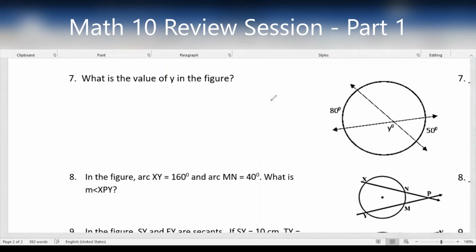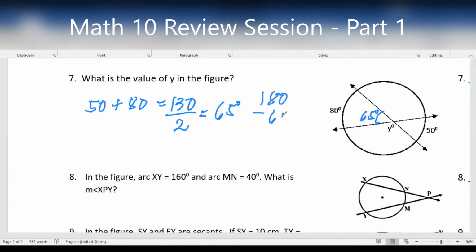So we added 50 and 80 degrees, which is 130. And then we divided it by 2, which is 65. And then we subtracted 180 and 65, which makes 115 degrees. Yes, correct.